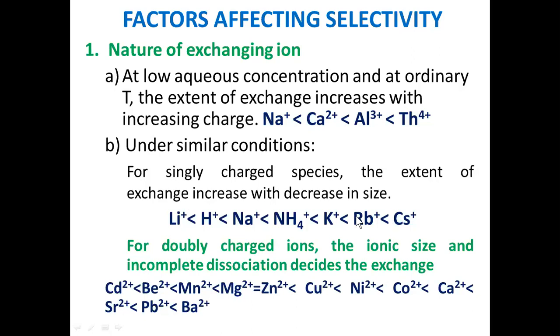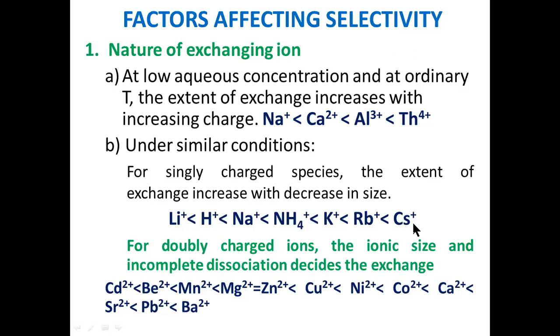Now consider species that all have the same charge; they are all monovalent. For all these singly charged species, the exchangeability of the resin will increase with the decrease in size. So the exchangeability of the resin for lithium will be less than hydrogen ion, which will be less than sodium ion, ammonium ion, potassium ion, rubidium ion, and cesium ion.